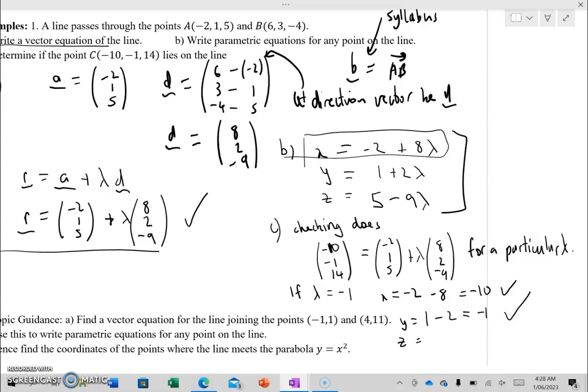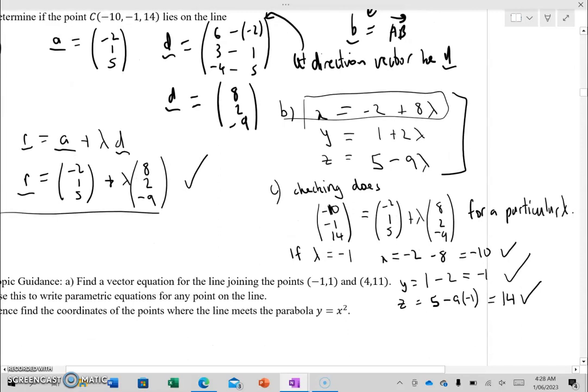And Z is equal to 5 minus 9 times negative 1, which is 5 plus 9, which is 14, tick. Therefore, since they all worked for the same lambda value, the point negative 10, negative 1, 14 does lie on the line.